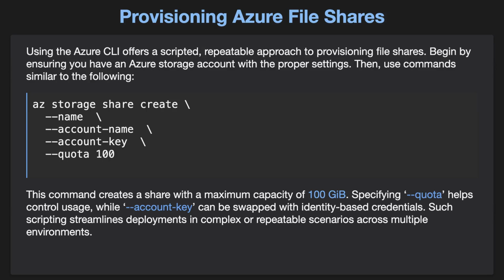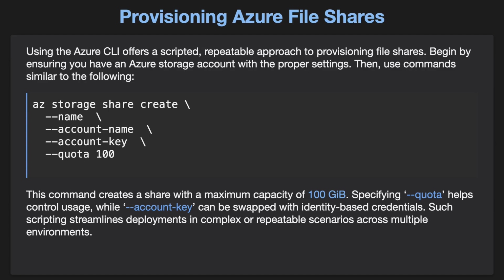Using the Azure CLI offers a scripted, repeatable approach to provisioning file shares. Begin by ensuring you have an Azure Storage account with the proper settings. Then, use commands similar to the following: az storage share create --name your-file-share-name --account-name your-storage-account --account-key your-access-key --quota 100.